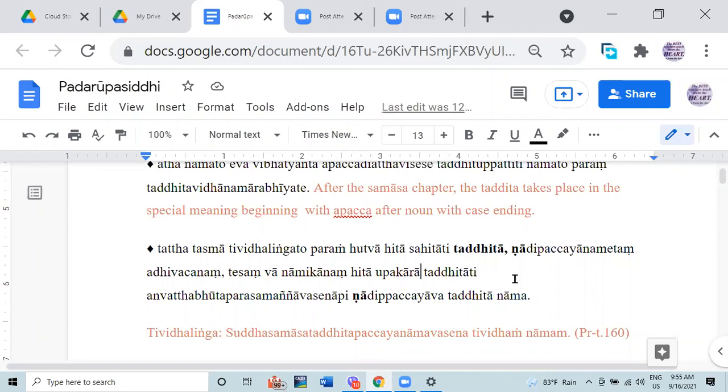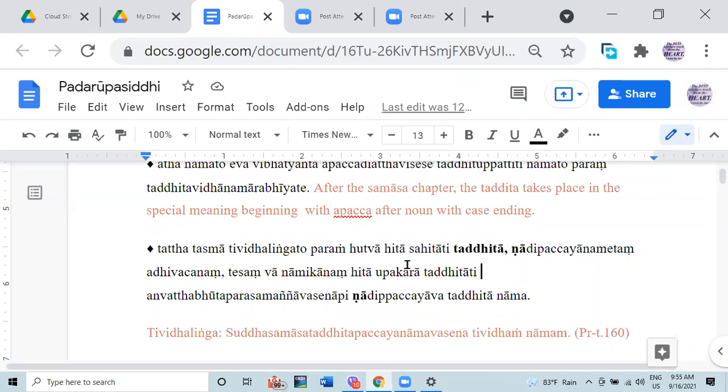So this is taddhita. According to this definition, the nasa pieces which benefit those nouns are called taddhita.